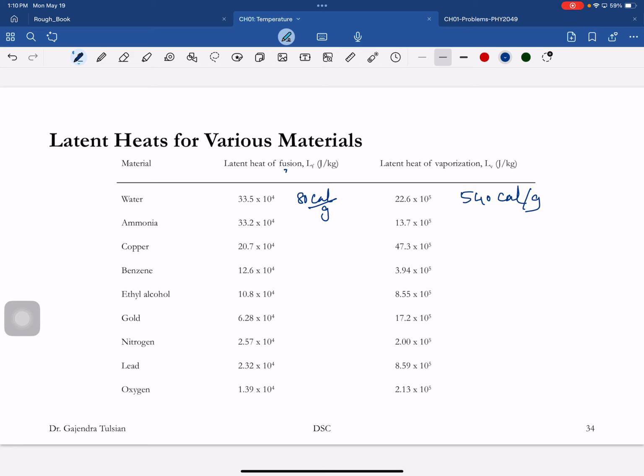So now you might understand the following. I'm sure you've all heard this. What would you have rather done? I'll throw 1 gram of 100 degrees Celsius water at you, or 1 gram of 100 degrees Celsius steam at you?